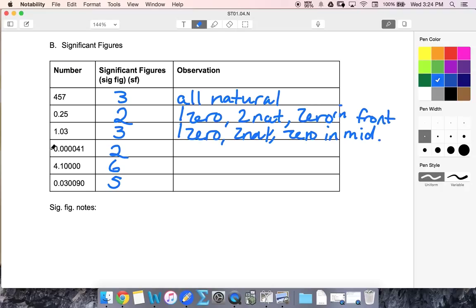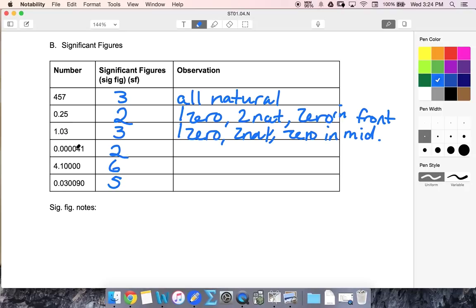Down here, I had 1, 2, 3, 4, 5 zeros, and I had 2 naturals. And again, the zeros were in the front.